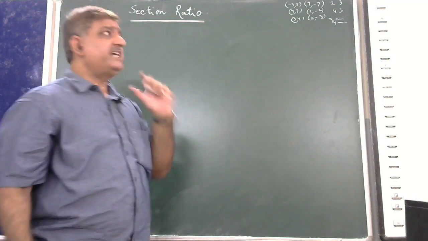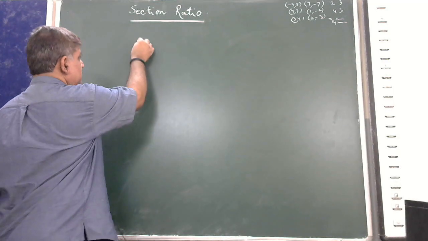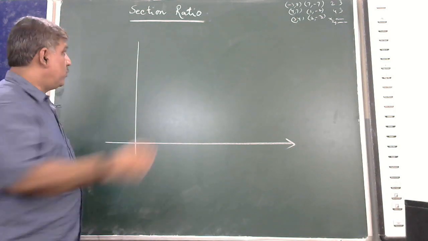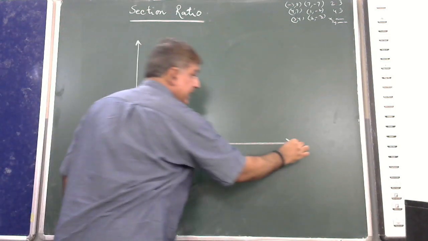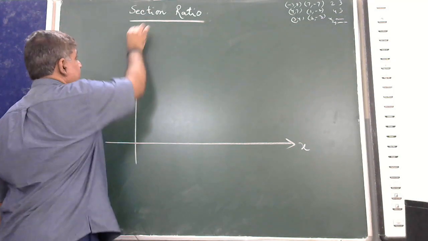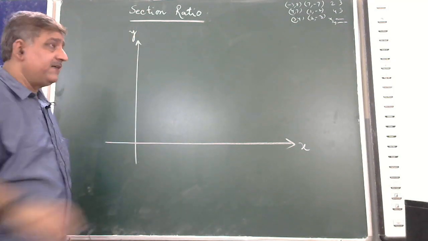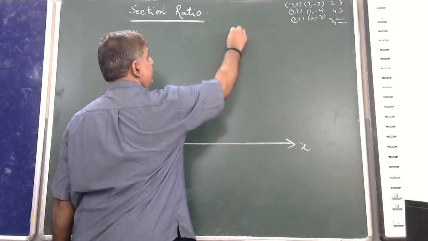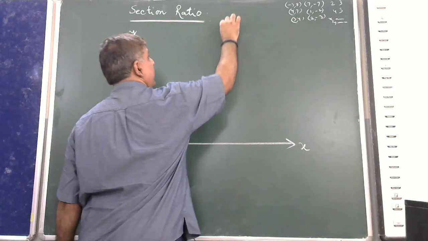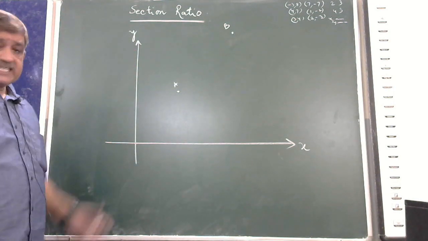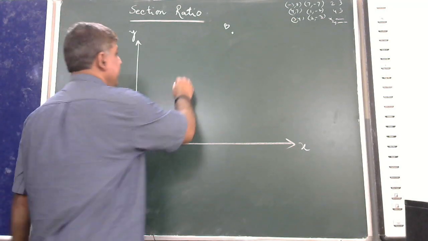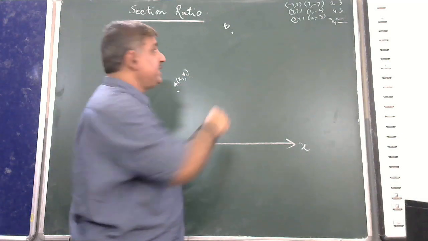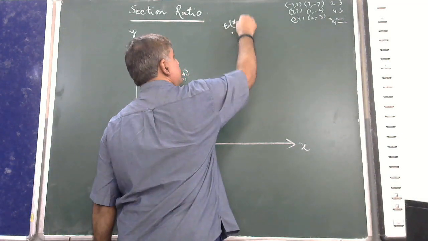In coordinate geometry, if you choose two axes, one as x and another as y, and suppose we have 2 points, the first one is A and the second one is B. Let us take the coordinates of point A as x1, y1 and the coordinates of point B as x2, y2.